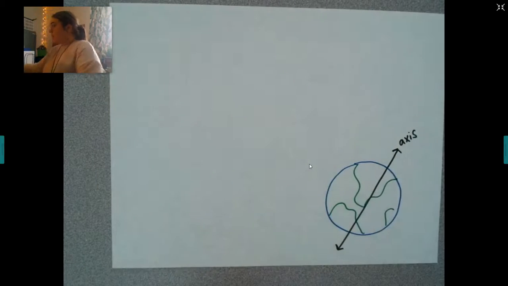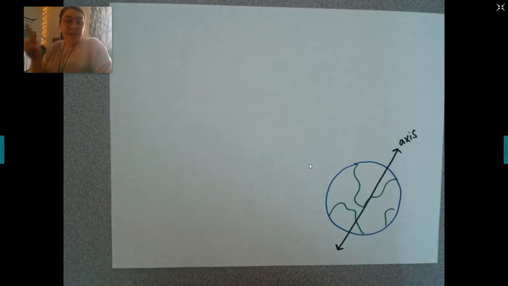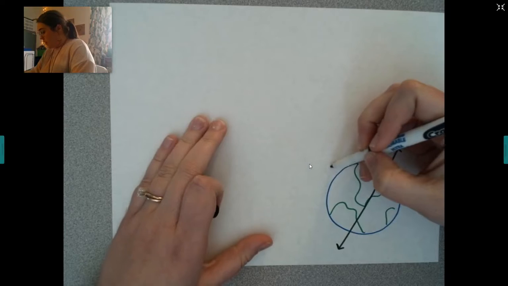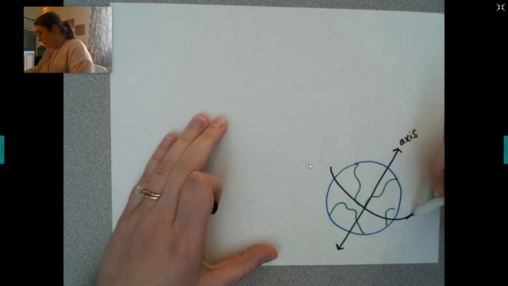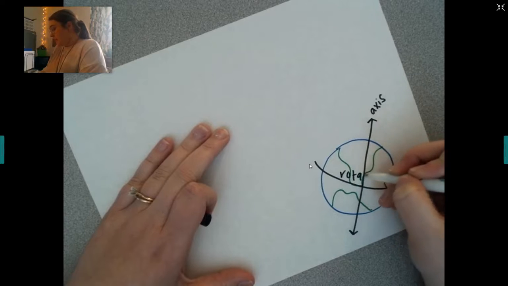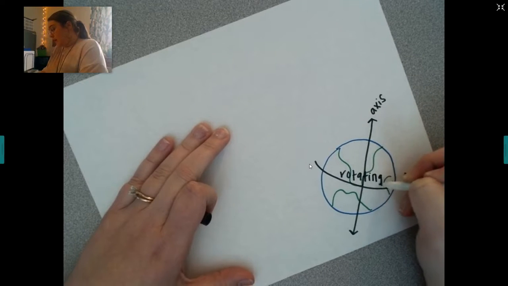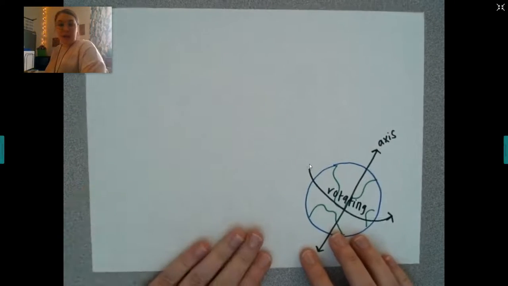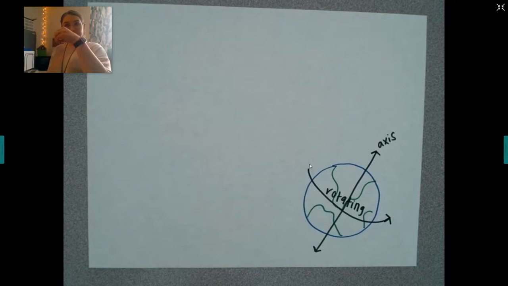Okay, the Earth is constantly rotating. So I'm going to draw an arrow like this, just to show you that the Earth is constantly rotating on its axis. So I want you to imagine a ball tilted to the side and it's constantly rotating. It is constantly moving.